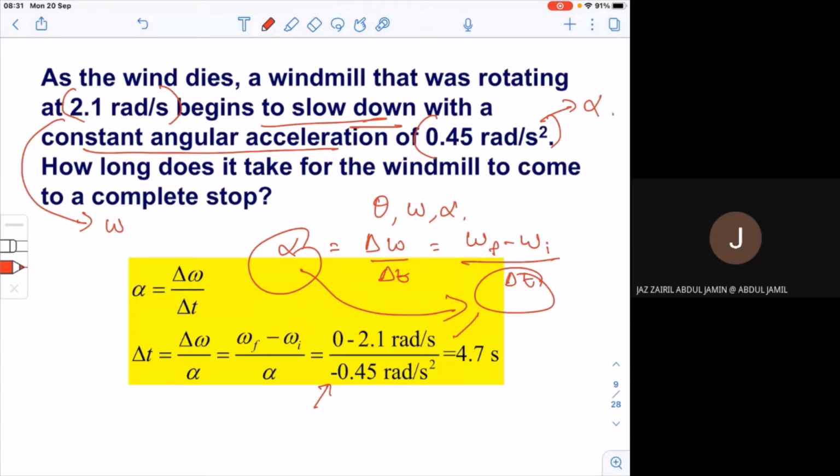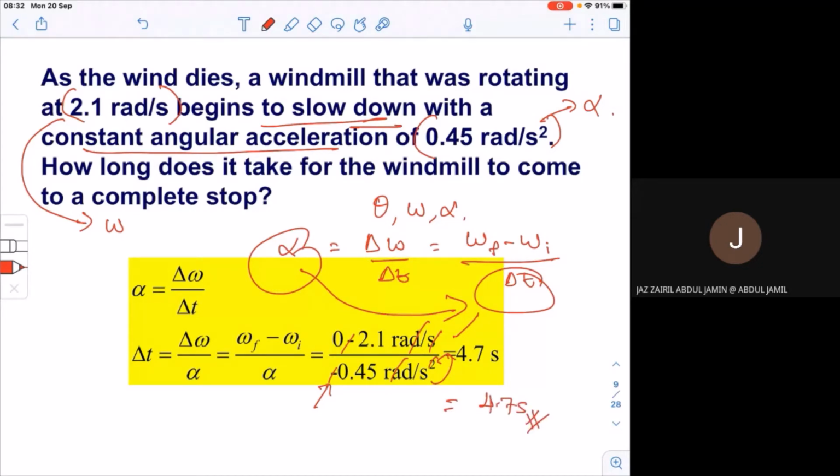So this time we need to put a negative value to the alpha. Then radian and radian cancel from the denominator and numerator, and the second in the denominator goes to the top, so you will get 4.7 seconds.